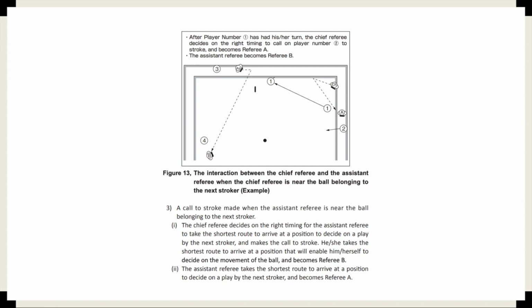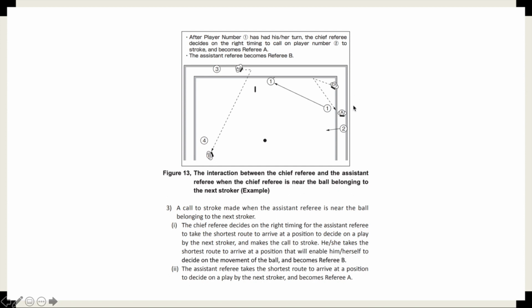Right, this is one of the few little complicated diagrams that for some reason seem to exist abundantly in Gateball. But anyway, we can see that number 1 was playing initially, and number 1 played towards the second line. So we can see that ball number 1 was here, and it is moving towards the second line.